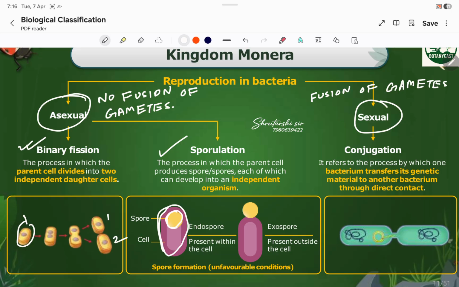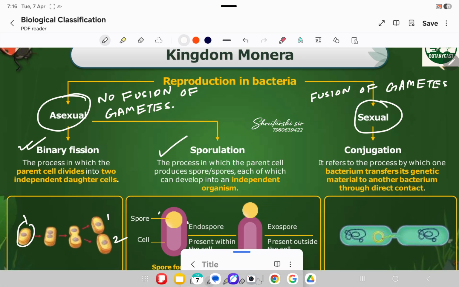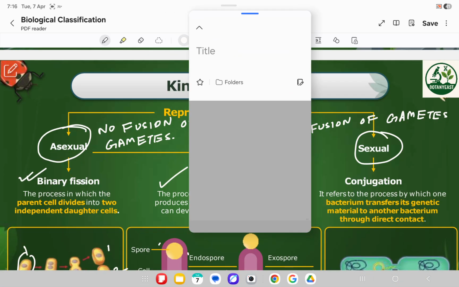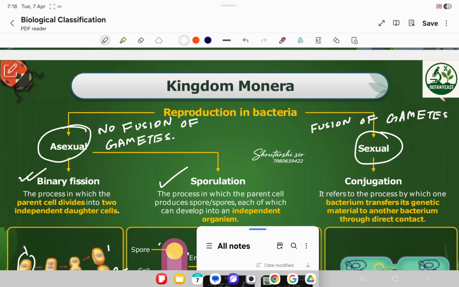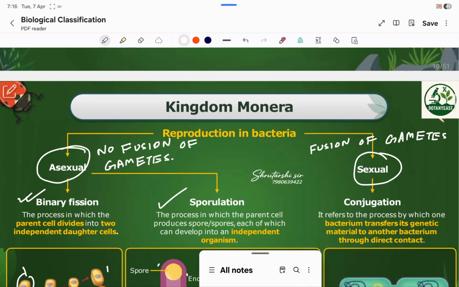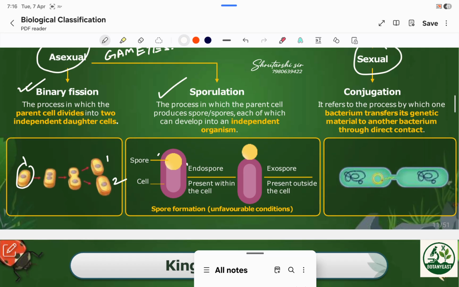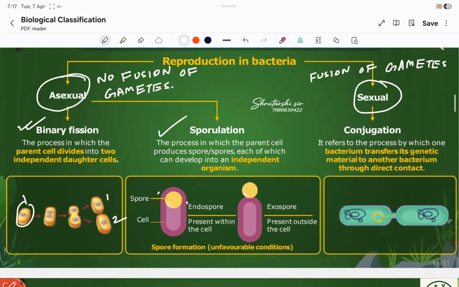When the spore is inside the bacteria, it is known as the endospore, and when the spore is outside the bacteria, it is known as exospore.